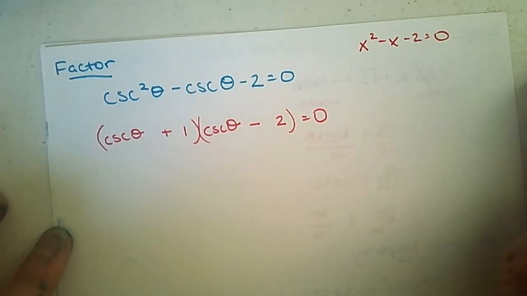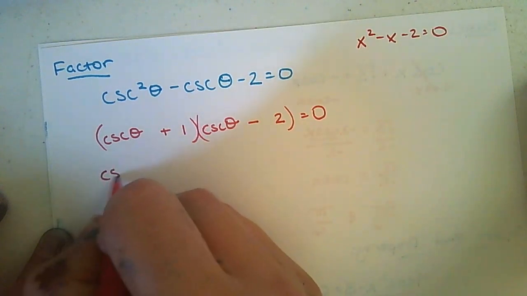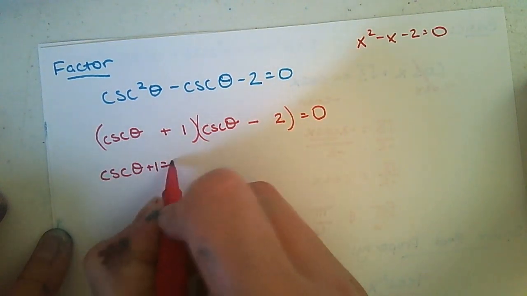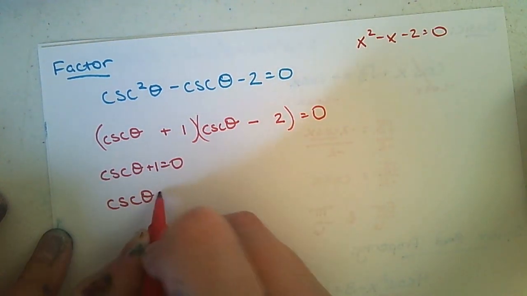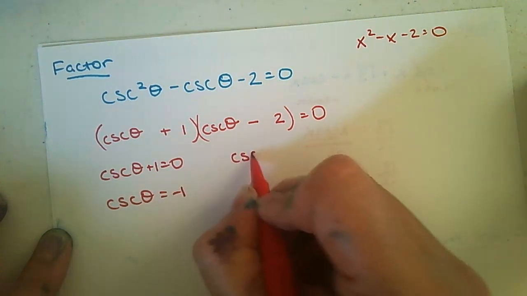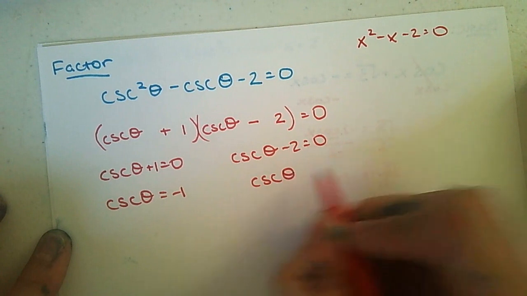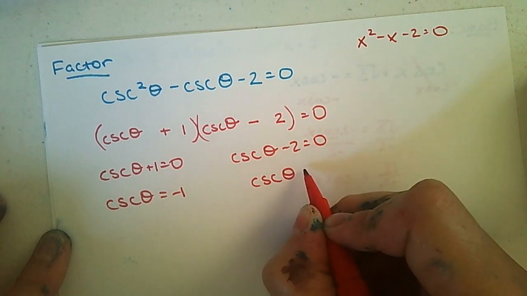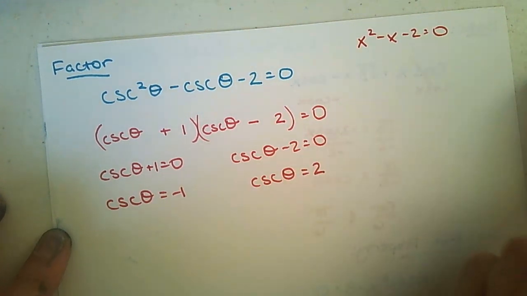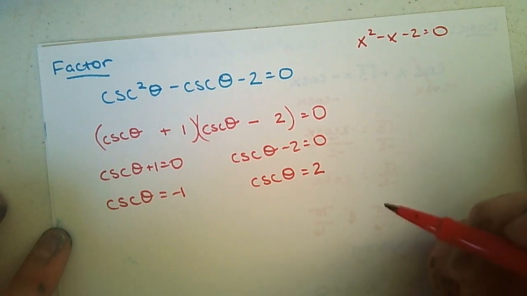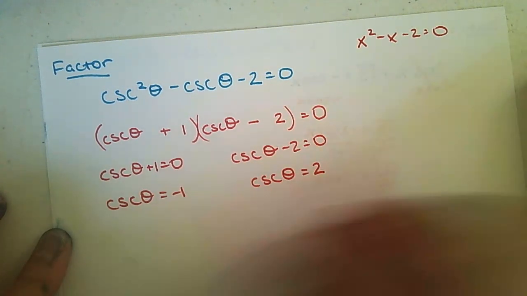All right, and now it's factored, so I'm going to go ahead and set each of these pieces equal to 0 and solve. So it looks like I'm going to get cosecant equals -1 and cosecant equals 2. But we don't have cosecant on our unit circle.